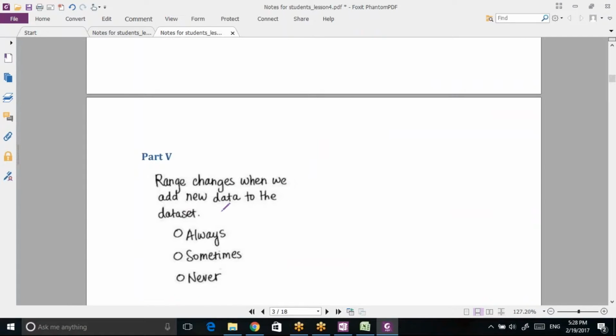Okay, answer me this, then we'll discuss that. Range changes when we add a new data point to the data set: always, sometimes, or never? Think and answer in the chat box, please.